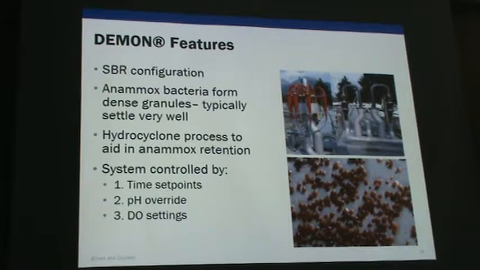You separate the denser particles, the sand particles, by using the hydrocyclones. Very similar type of operation. And then we use a system of pH and DO settings to control for the Anammox bacteria to be retained and discourage the growth of the other 3 sets of organisms.